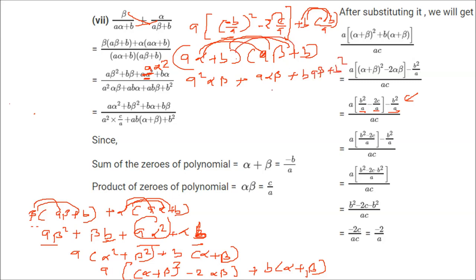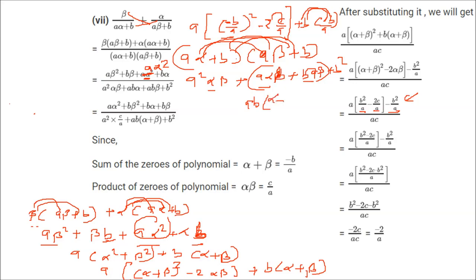So what we can do here is, we can take a common from a square alpha beta, then we have ab alpha plus beta, and then b square also. So from here we can take ab common.